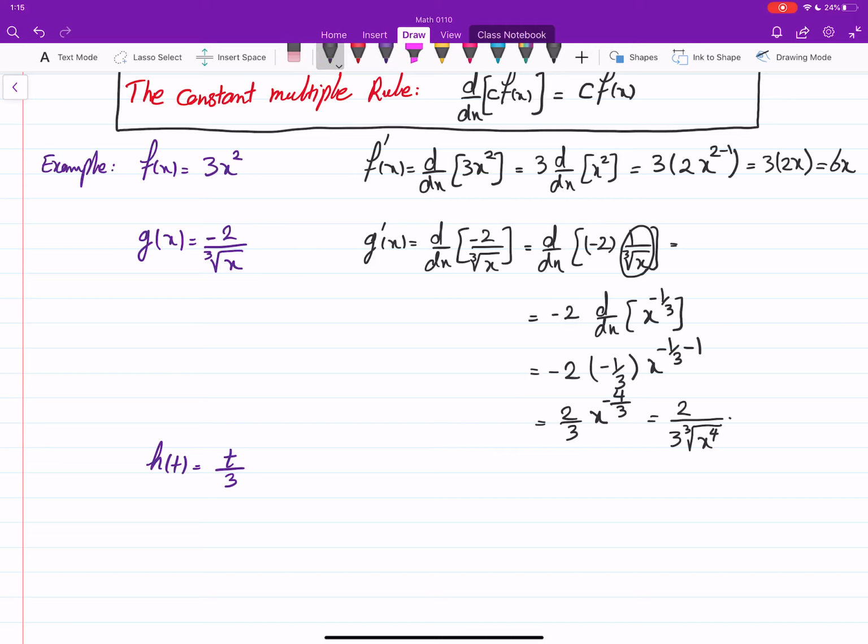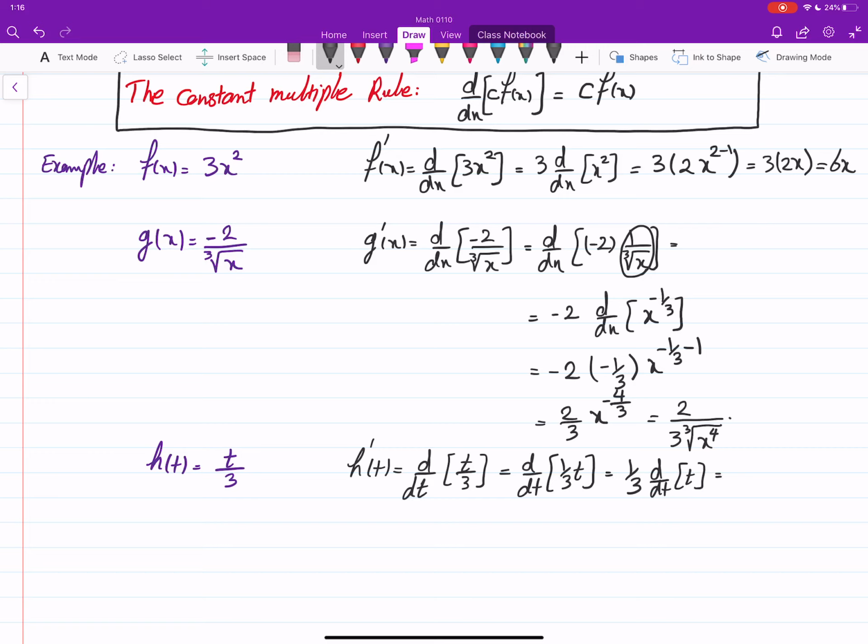And we want to find h prime of t. It means find the derivative of t over 3 with respect to t. This is how we write that. We can write it as 1/3 times t, and by the constant multiple rule, the 1/3 comes out.